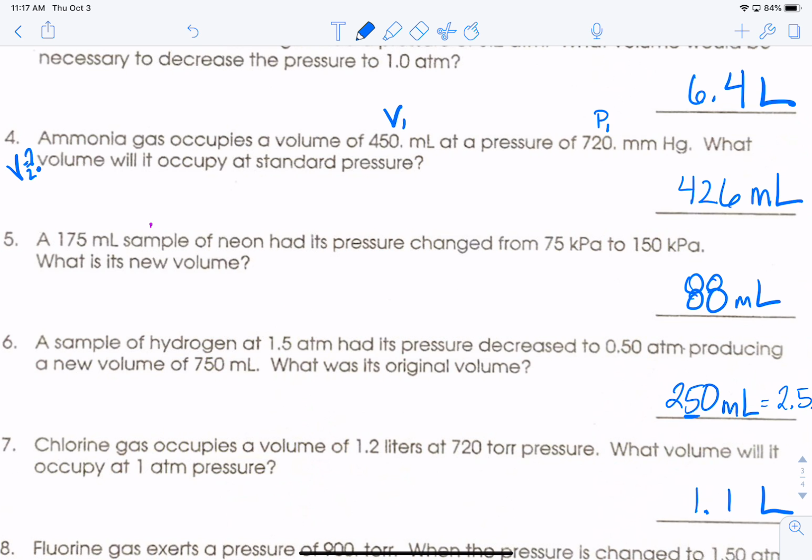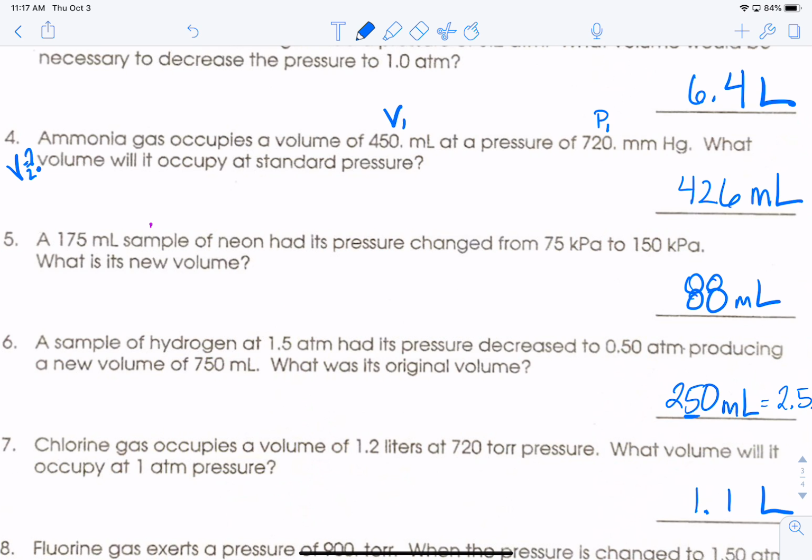And at standard pressure, and you're probably like, what the heck is standard pressure? So let me, standard pressure, where is it? Here we go.